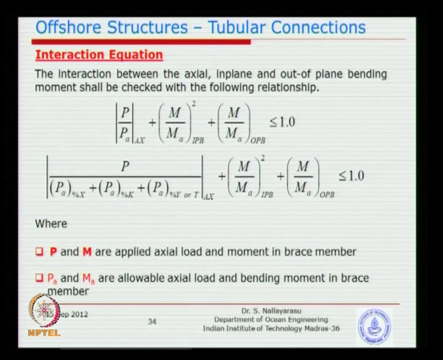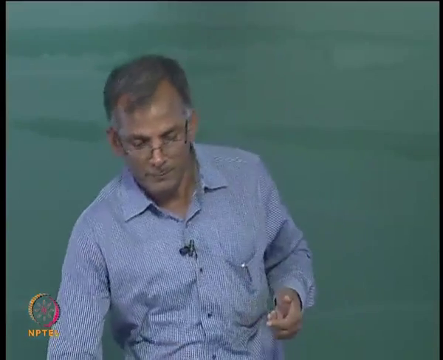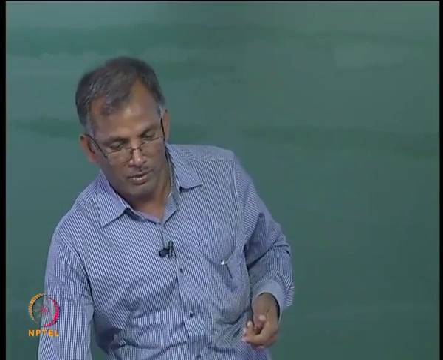And we also have the second equation, wherein if you have the enhanced capacity, or capacity coming from various other options like X, K or Y, you could add them together and then finally divide the total applied load by the capacity to get the unity check ratio.